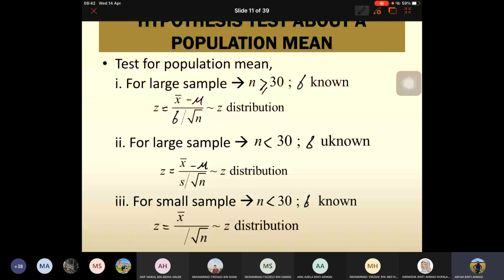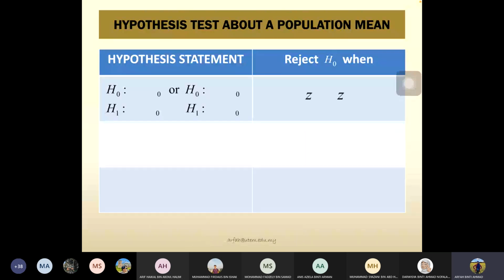Okay, population standard deviation. So the hypothesis statement, this is the list of all hypothesis statements. Okay, if you have H null, mu equal to mu null, or mu less than mu not, meaning that you can write it this way or this way.